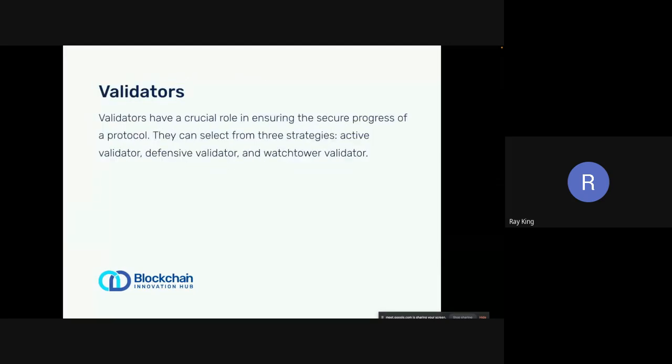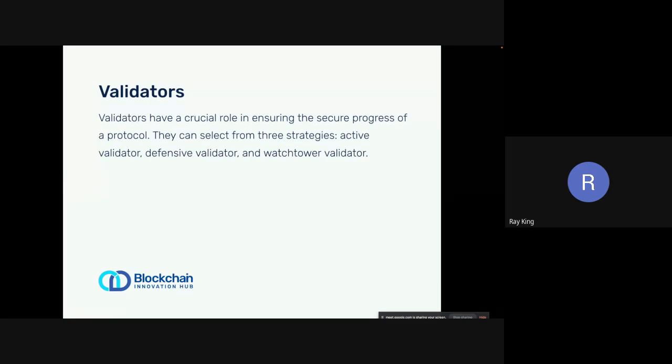Now, validators have a crucial role in ensuring the secure progress of a protocol. They can select from three strategies. We have the active validator, the defensive validator, and the watchtower validator.